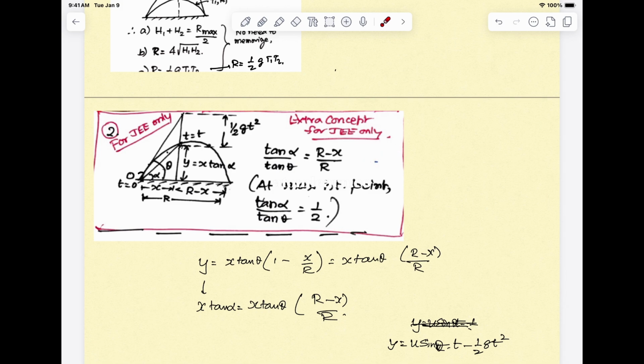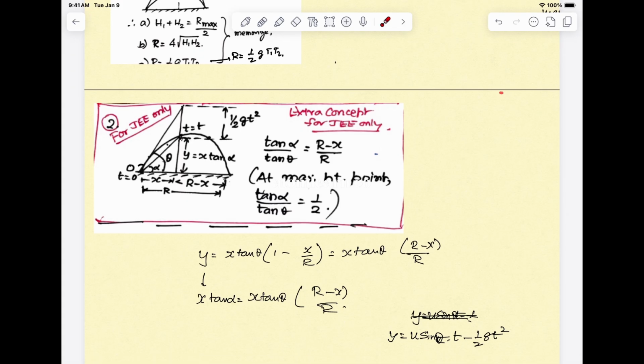Now the usual question that will be asked, even in the past JEE or NEET, we have come across this kind of question. Now in NEET it will be a little higher level of difficulty, whereas in JEE Main they can ask a question at this point after time t.